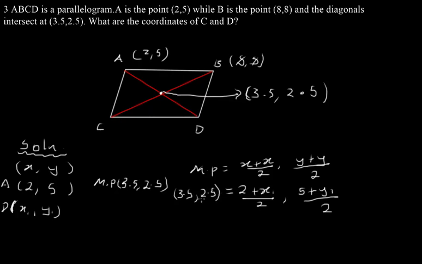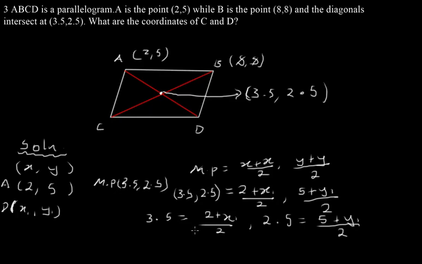Just as we had worked it out in the previous example, the x part of the midpoint corresponds with that part, whilst the y part corresponds with that part. So we have 3.5 being equal to 2 plus x1 over 2, comma, 2.5 being equal to 5 plus y1 over 2.